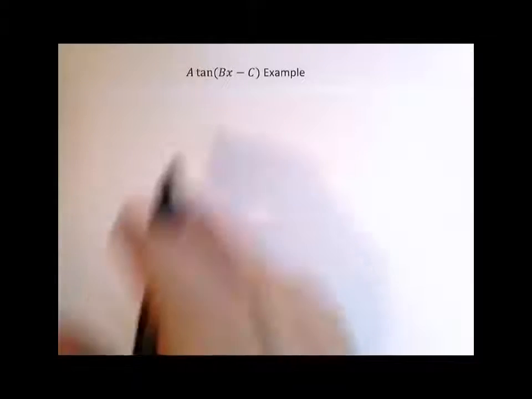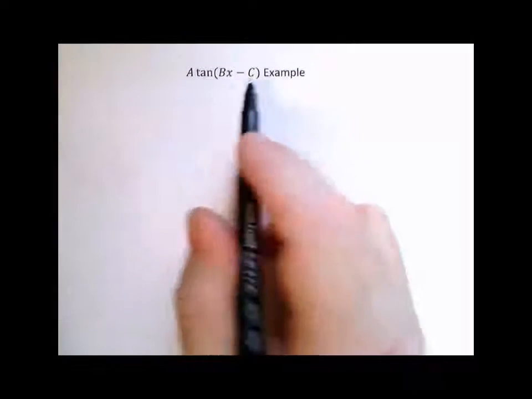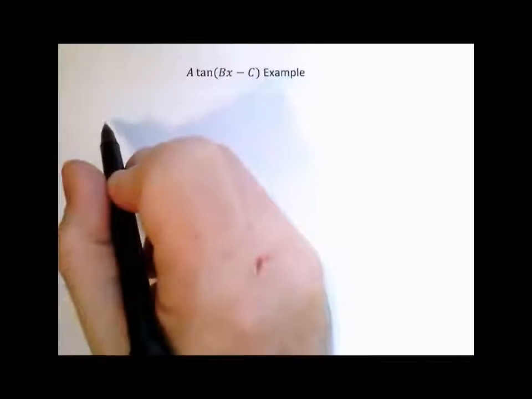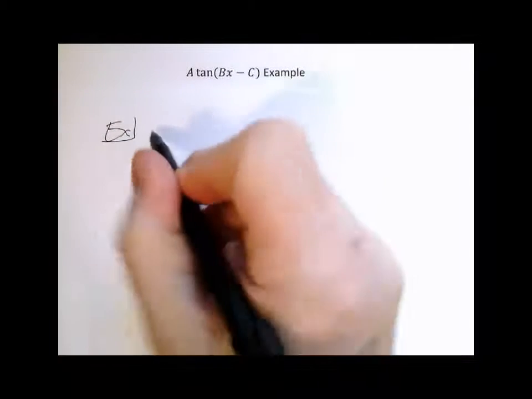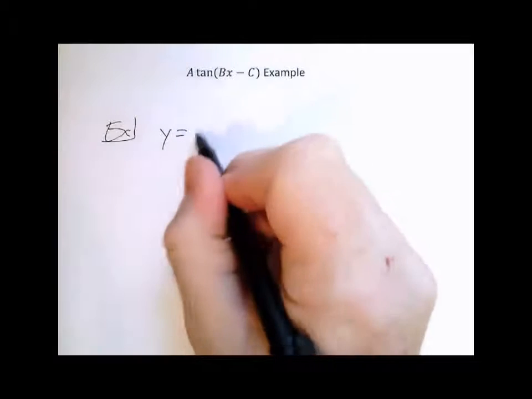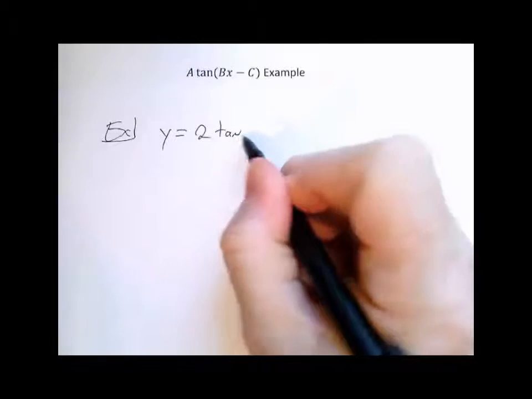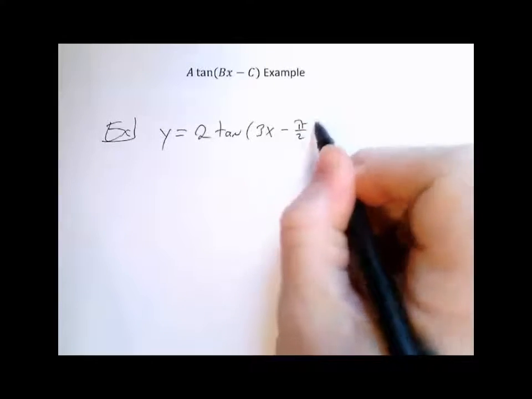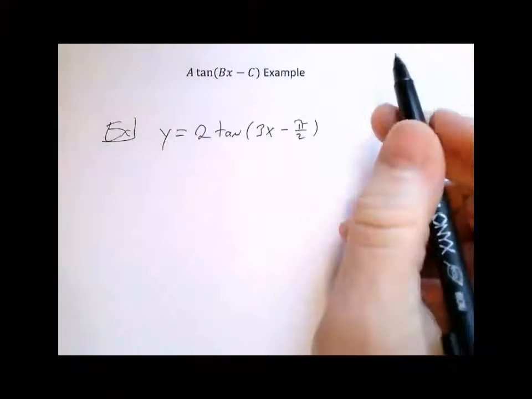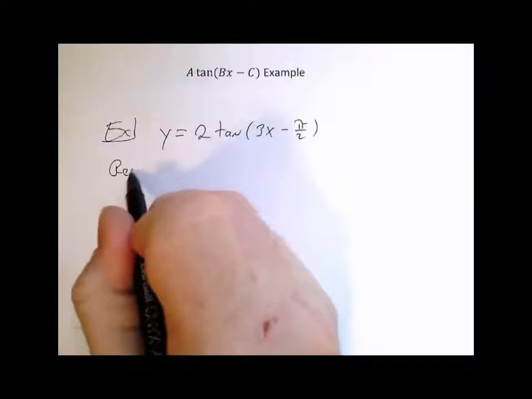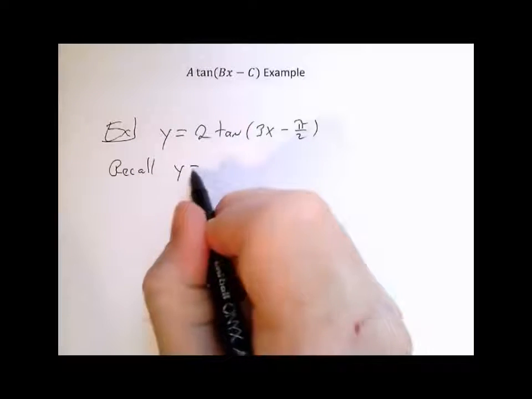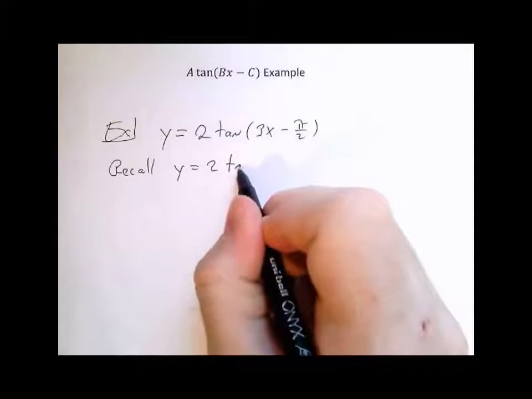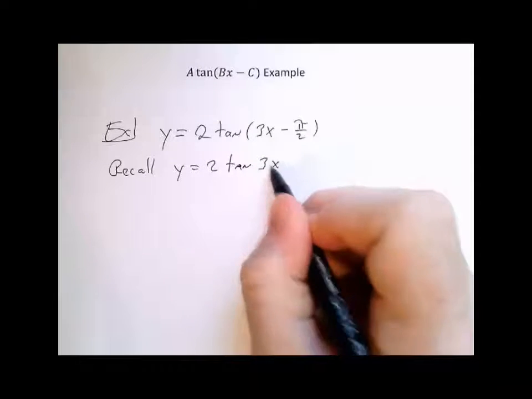Okay, now I want to do an example of graphing a tangent bx minus c. So for instance, I have y equals 2 tangent of 3x minus pi over 2. So I recall what the graph of y equals 2 tangent of 3x was.